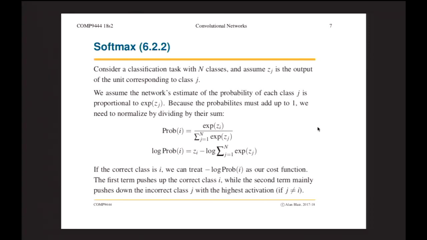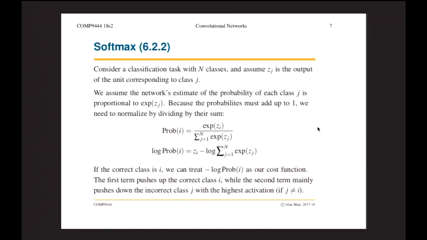Okay, so the way this works is that you get 10 outputs Z. Let's call them Z0, Z1, Z2 up to Z9 because it corresponds to those digits. And remember that they can be positive or negative. So we want to interpret these as probabilities, but it doesn't make sense to interpret the output itself as a probability because it could be negative.